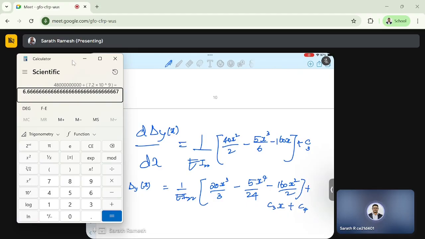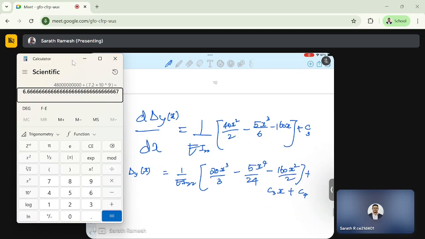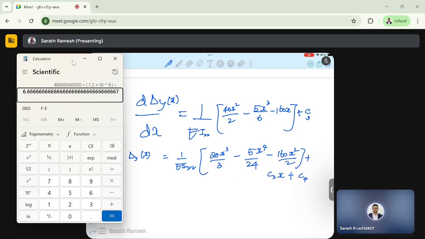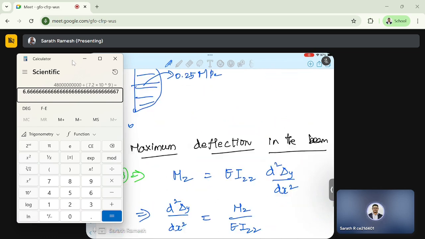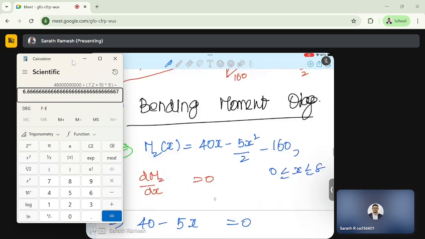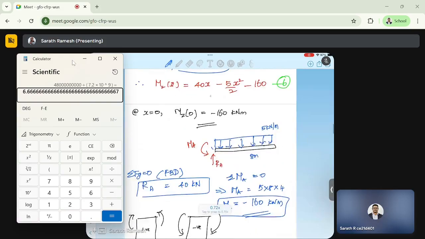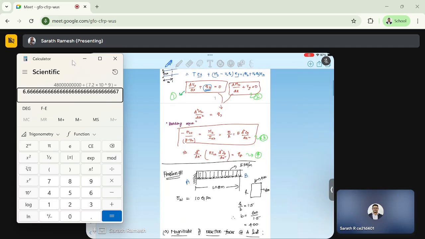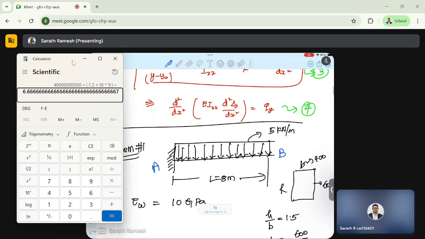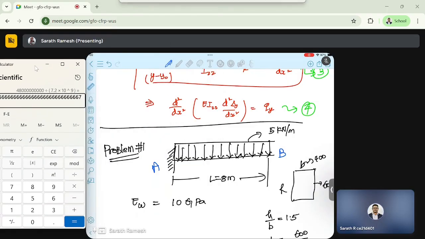Now our aim is to find these two constants, C3 and C4. We'll use boundary conditions to find them. What are the boundary conditions from this question for deflection? At support A, it's a fixed support, which means deflection and slope will be 0.